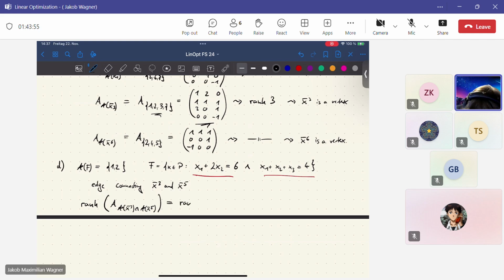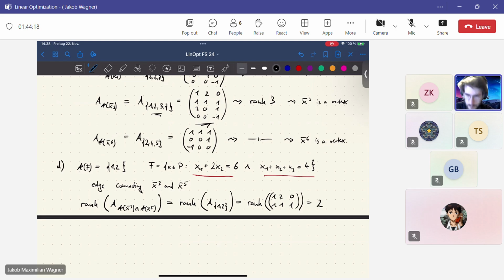And this is the rank of A 1, 2, since those are the only common entries. And this is the rank of the matrix 1, 2, 0, 1, 1, 1.